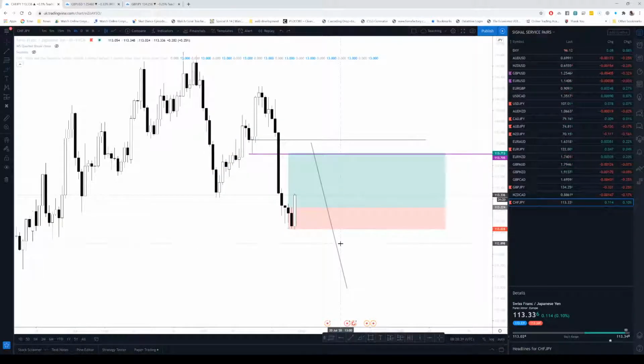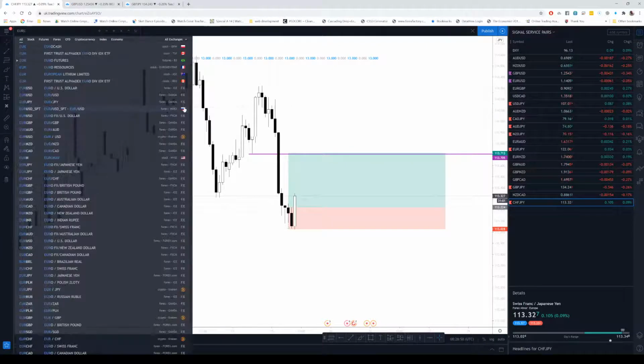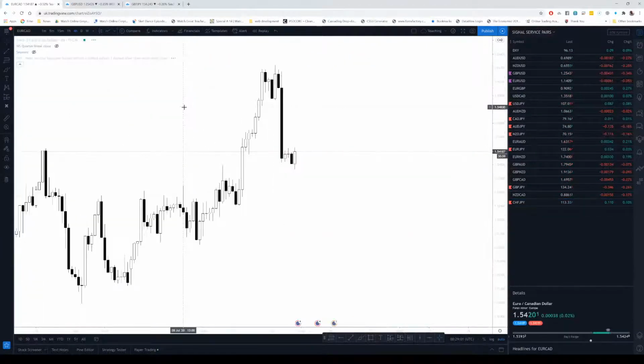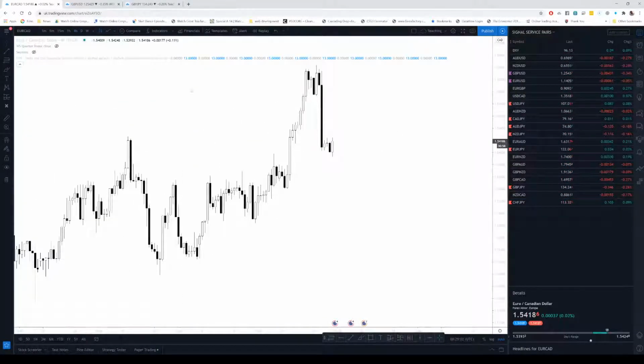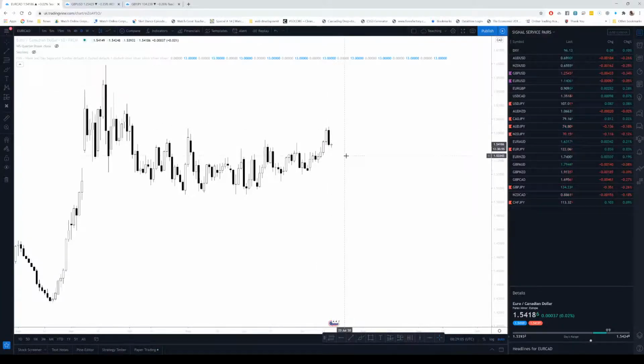If you have any question, can you please check your card? I've taken your card from my list because that pair was in a range on the daily. I've been looking for a drop down for a while because this has been just sideways.